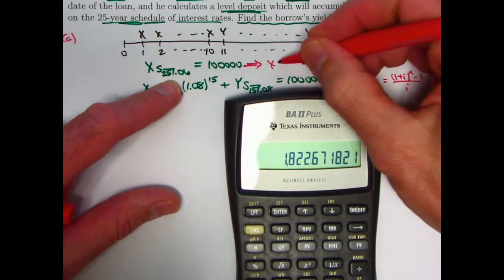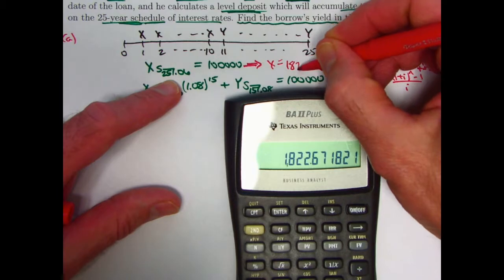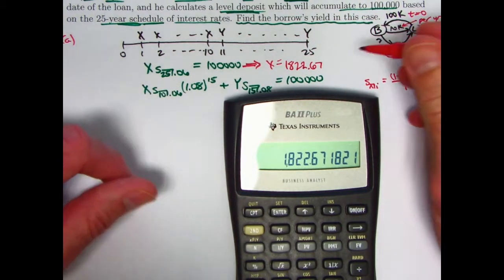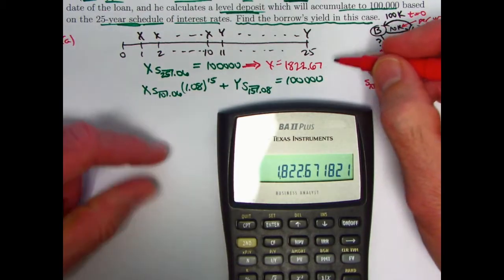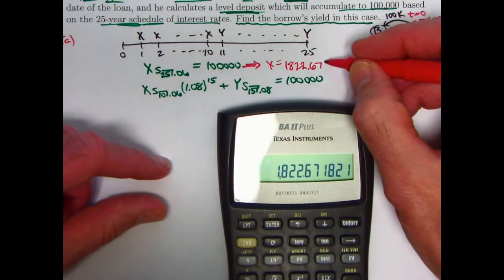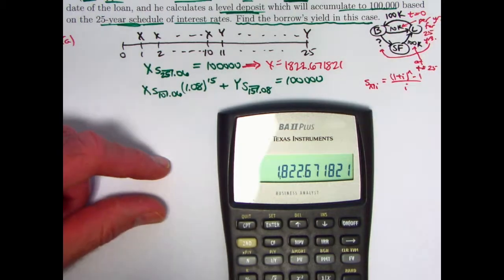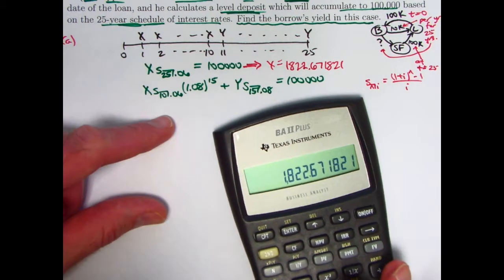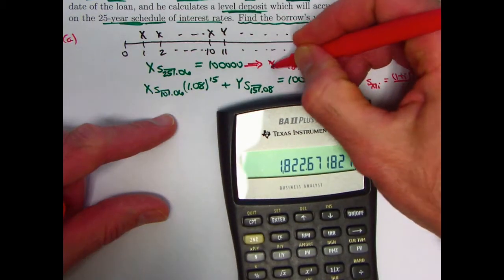So x to the nearest cent, so to speak, would be 1822.67. I am going to carry more decimal places just to make sure I don't lose accuracy in the value of y. So I'll go ahead and write down all these things here. I probably don't need to, but probably just a couple more would be good enough, but I'll write them all down. So that's the value of x.